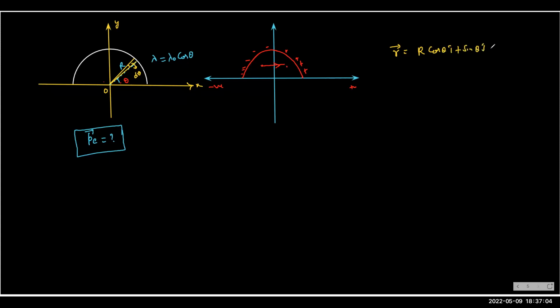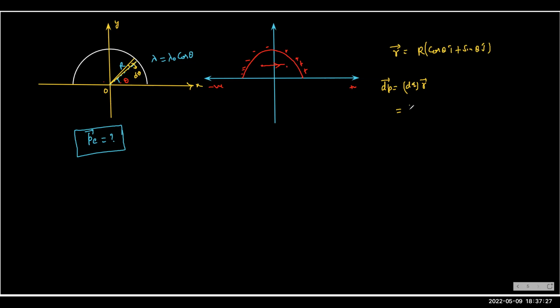By definition, the dipole moment is the charge into its position vector. We are trying to find the dipole moment from the given origin. You can choose whatever origin you want because the net charge is 0, but this is the convenient choice of origin.